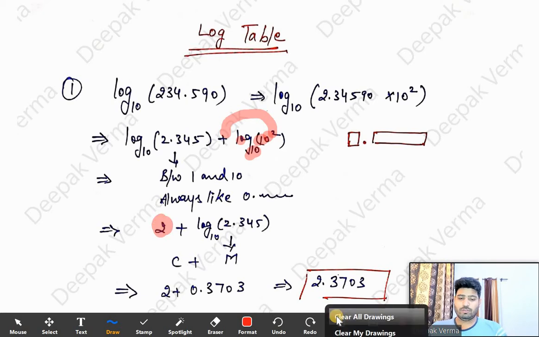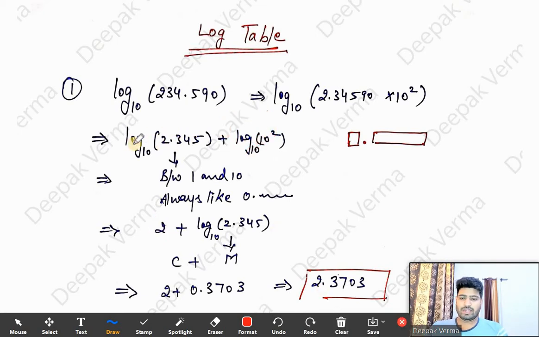So here we have 2, and the value of log 2.345. Since it's a number between 1 and 10, and we already know that if we find the logarithm of any number which is between 1 and 10, the outcome will be like 0 point something something always. Got it? So its outcome will be 0 point something something.